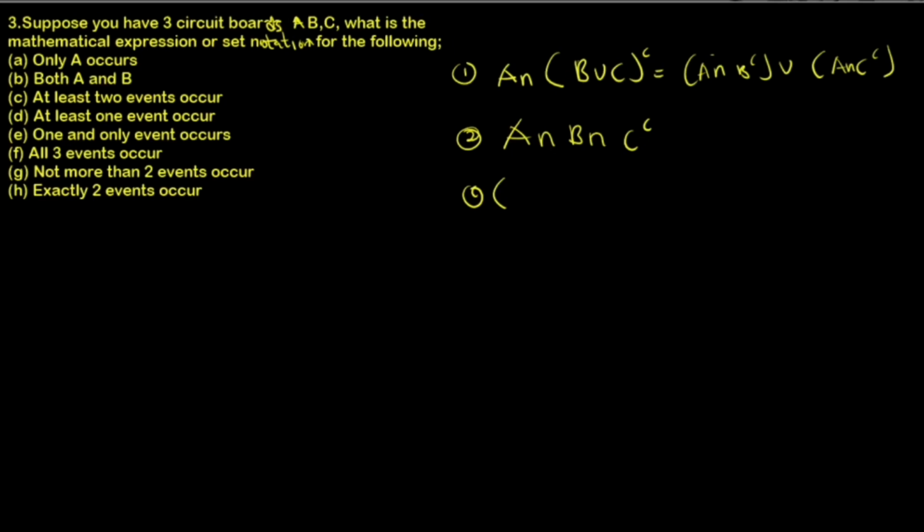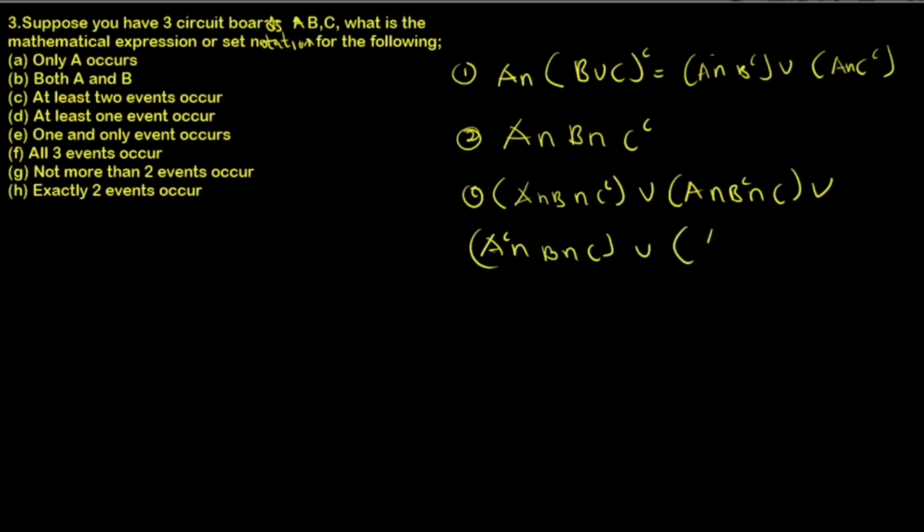We are going to express that as A intersection B intersection C complement, union A intersection B intersection C complement with B complement, union A intersection B intersection C with A complement, then union A intersection B intersection C. Because they are looking at least 2 events, it means that 2 or more events occur.